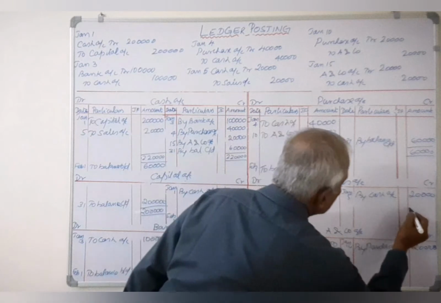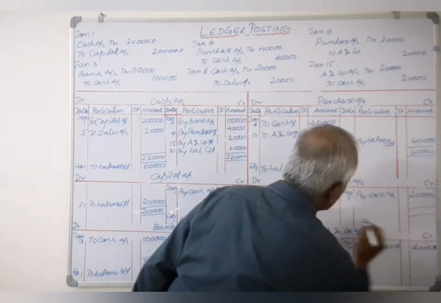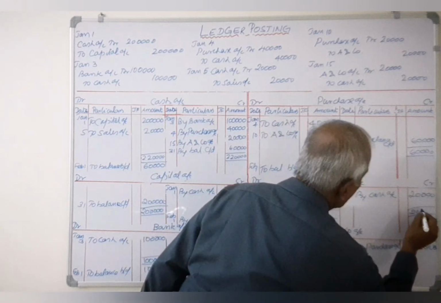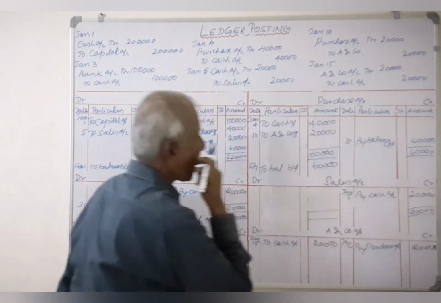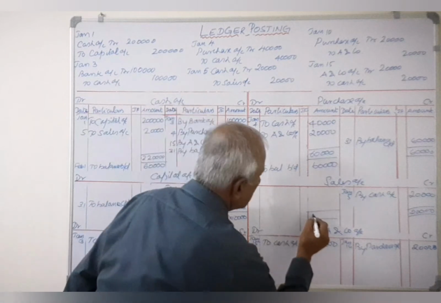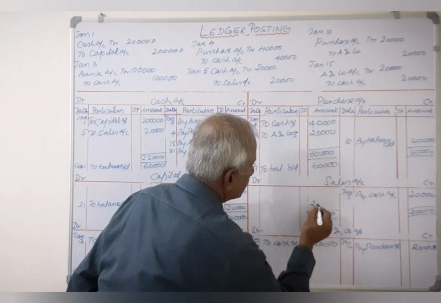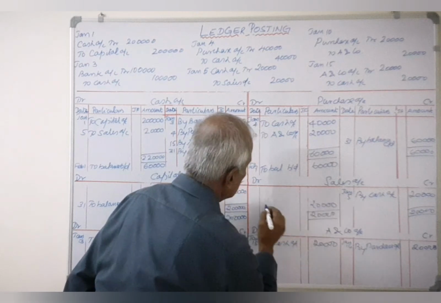Then the sales account, the credit side is heavier, so 20,000, and carry the same amount to the opposite side, 20,000, and find out the difference. The difference is also 20,000.